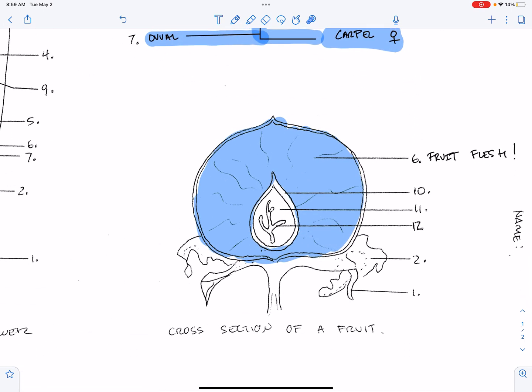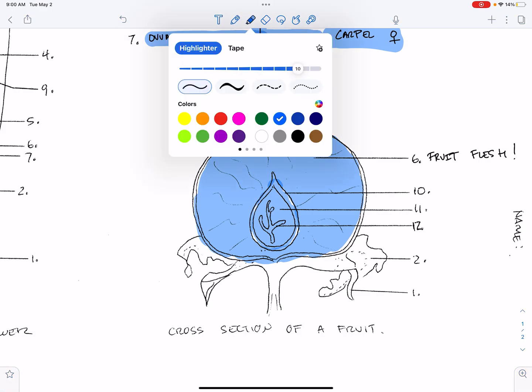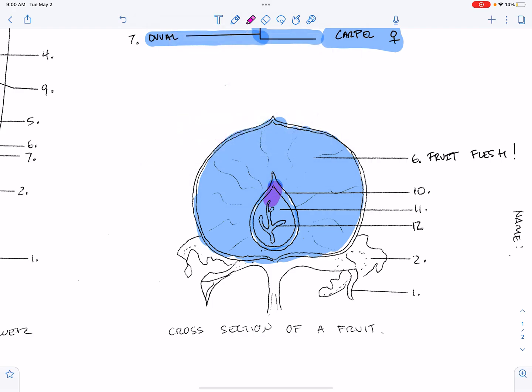So when the pollen came down and fertilized the ovule, that event created an embryo, which is the tiny baby plant contained within the seed.